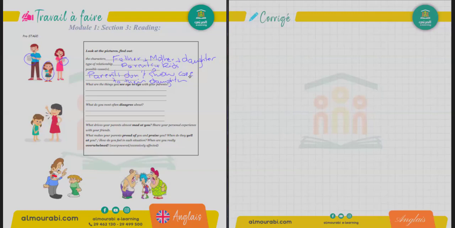Before dealing in detail with this problem of parents not showing care to their kids, let's start by talking about yourselves: the things that you see eye to eye with your parents. I don't know if you are familiar with this expression, see eye to eye with someone.